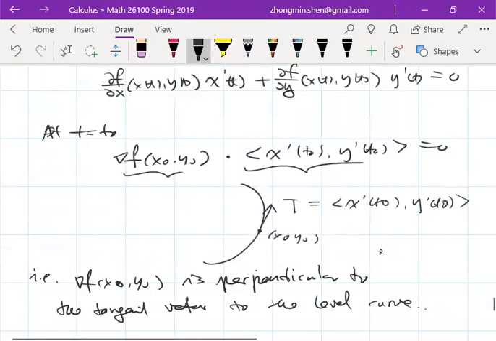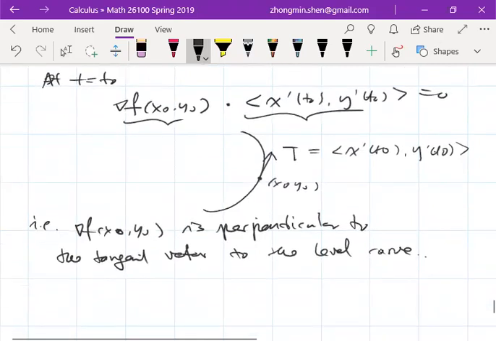So the gradient has a geometric meaning. The gradient is the vector in the direction in which the value of the function changes most quickly. The rate of change of the function in that direction gives the maximum rate, the maximum value.